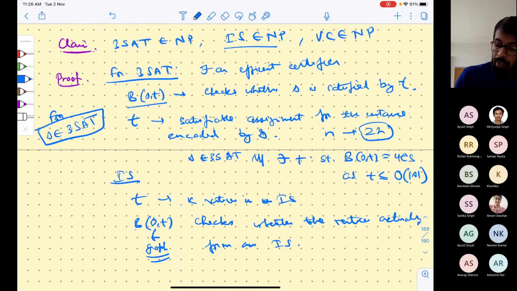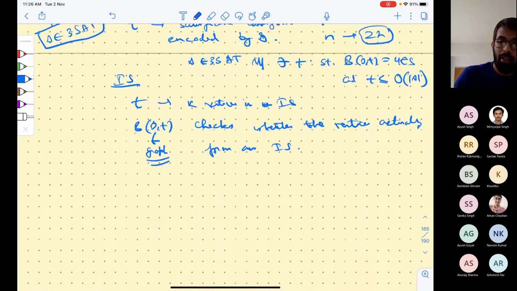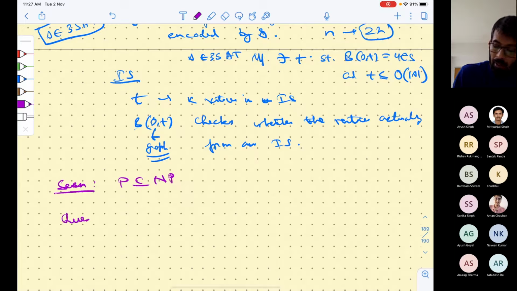And then we have seen now that P is a subset of NP. So the question can be, are they equal? Is NP a subset of P, in which case it will imply P is equal to NP?